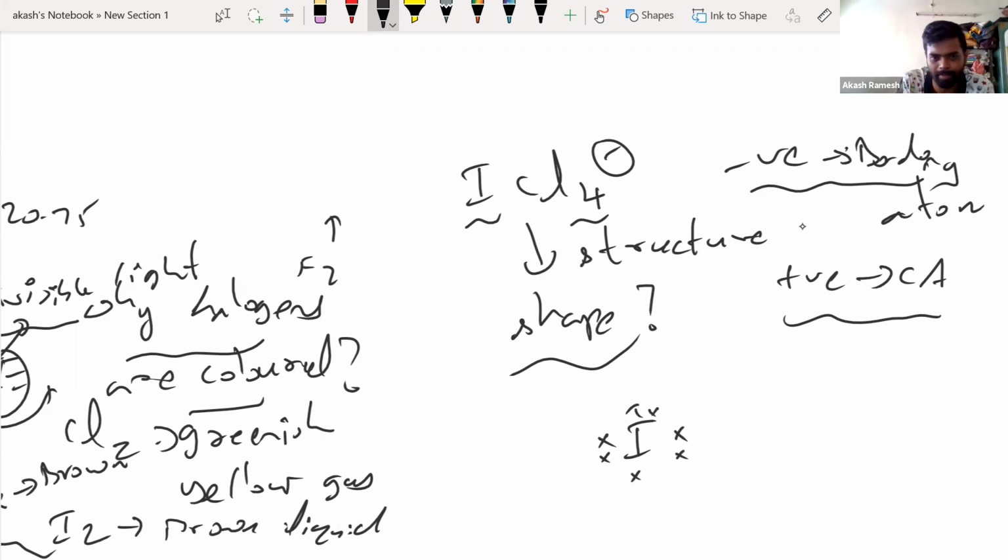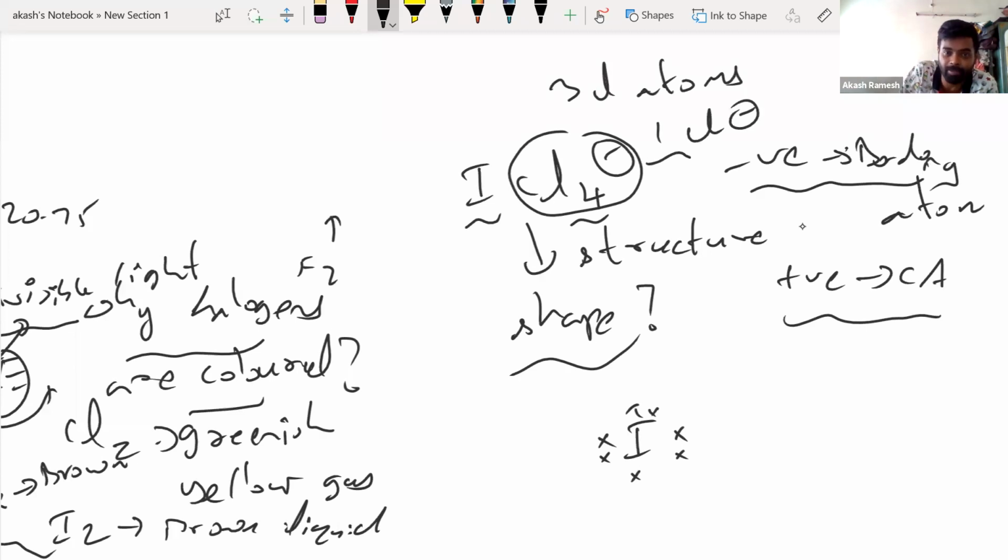I'm just drawing something random. Now what you have to understand is out of the four chlorines, 3 are chlorine atoms, and 1 Cl minus is present. That is how you have 1 negative charge. 3 chlorine atoms are there, and 1 chloride ion is there.